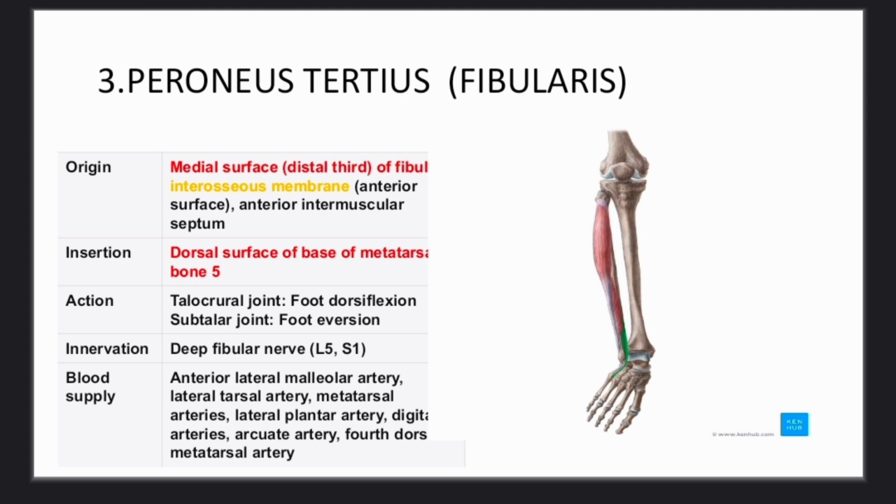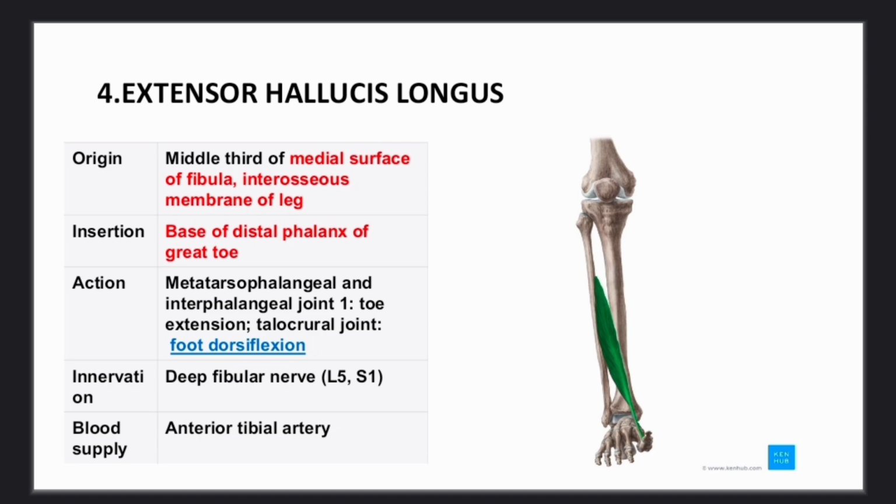Fourth muscle is extensor hallucis longus. So whenever you hear the term hallucis, remember that it refers to the great toe or big toe of the foot. Therefore, extensor hallucis longus is a muscle that acts on the big toe. Okay, it originates from the middle third of the medial surface of the fibula and the interosseous membrane of the leg.